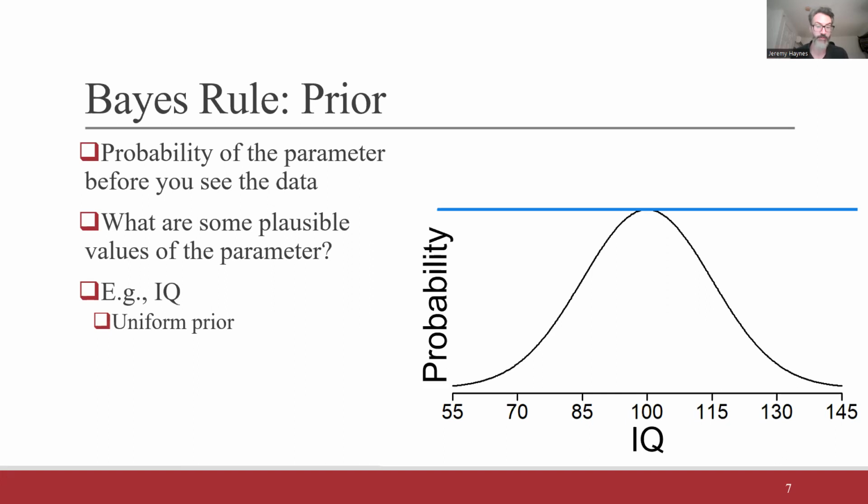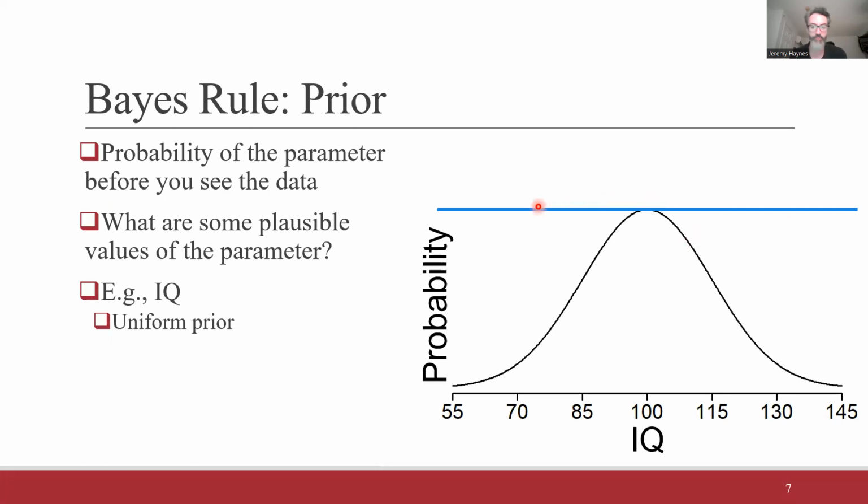This is essentially what occurs in frequentist approaches, but it's important to consider the implications of what we're actually doing here and what we're assuming. We're assuming that, let's say, an IQ score of 55 is equally likely as an IQ score of 100. And here I've displayed my uniform prior in the blue line here.